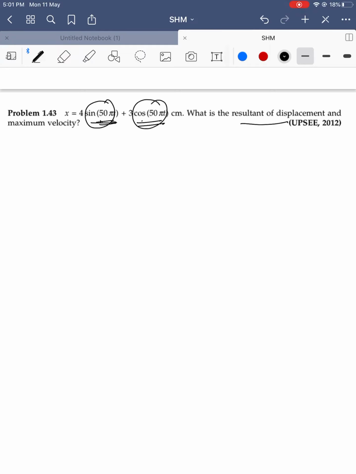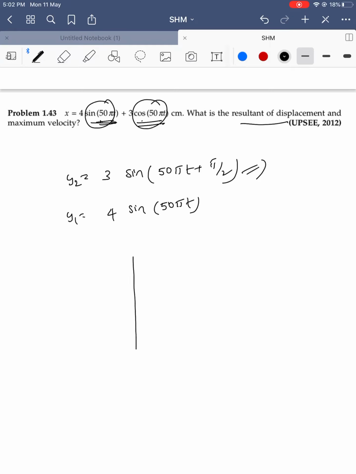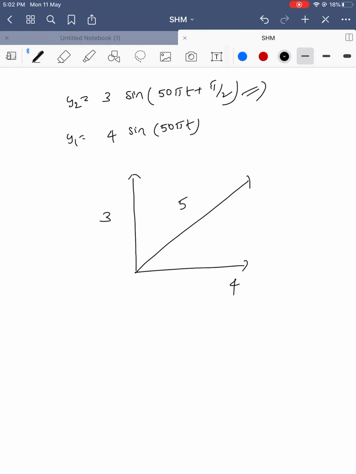Here one is sine and the other is cos, so convert into sine: 3 sin(50 pi t plus pi by 2) is y2, and y1 is 4 sin 50 pi t. Whose angle is more? Phi 2 is more. One amplitude is 3, another amplitude is 4, so the resultant will be 5. This is an angle initially pi by 2.